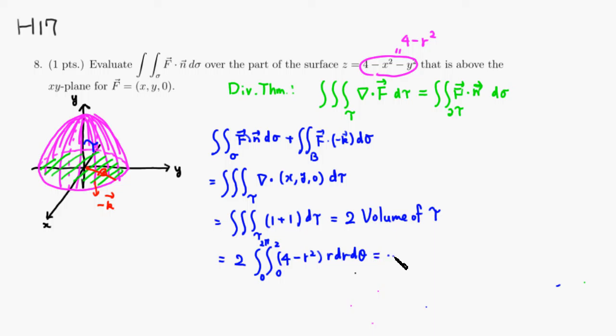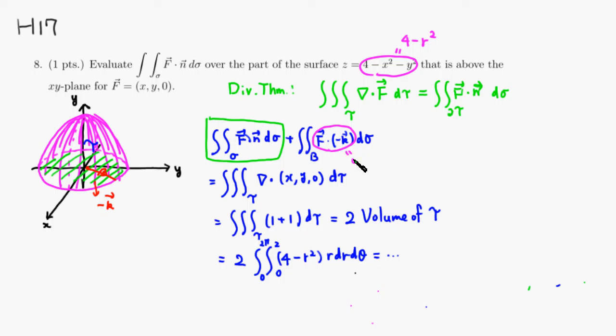I did that. Then what you're looking for is this guy right here. If you compute it, f is x comma y comma 0. If you take the dot product with 0 comma 0 comma negative 1, it's going to be 0.